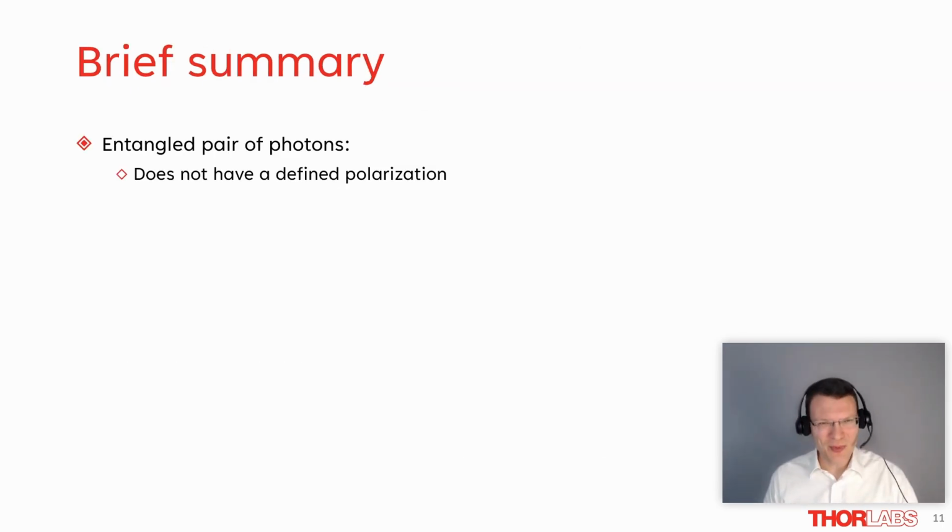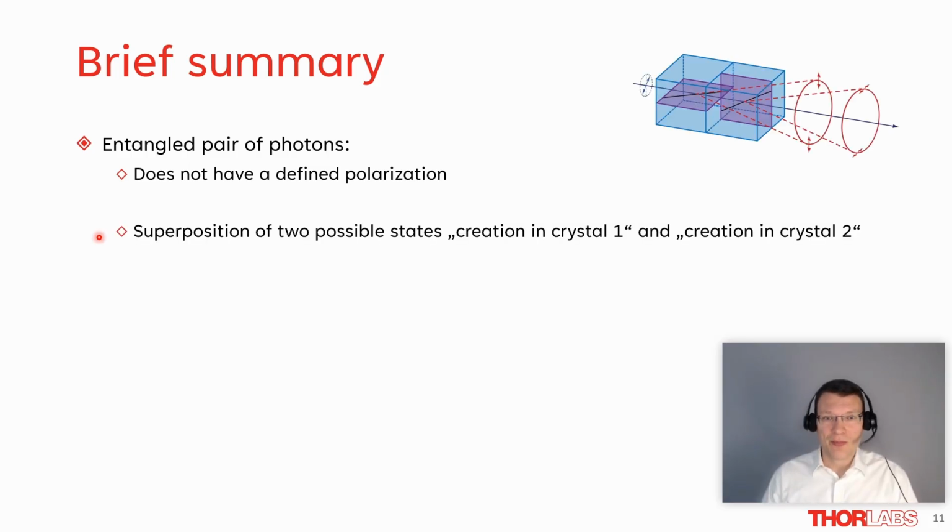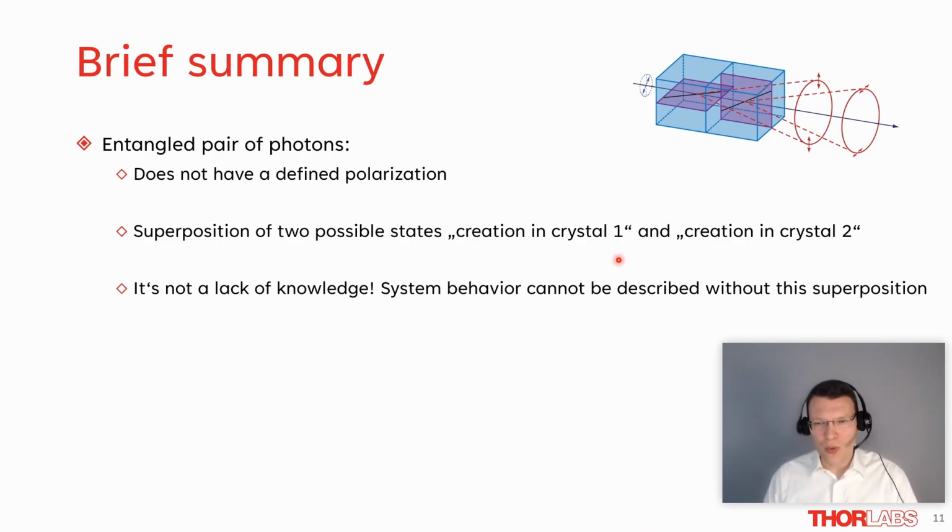So at this point, just a brief summary. If we have an entangled state, we don't have defined polarization. We have a superposition of these two possible states, creation in crystal 1 and creation in crystal 2. And importantly, this is really not a lack of knowledge. This is something that is often misinterpreted. It's not that we just don't know which of it is.